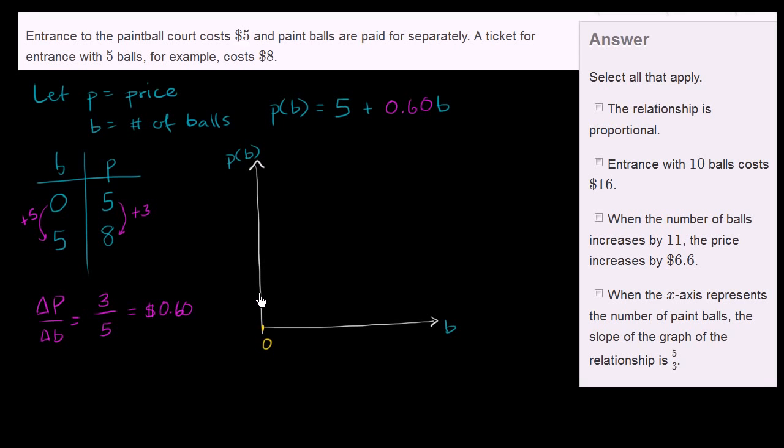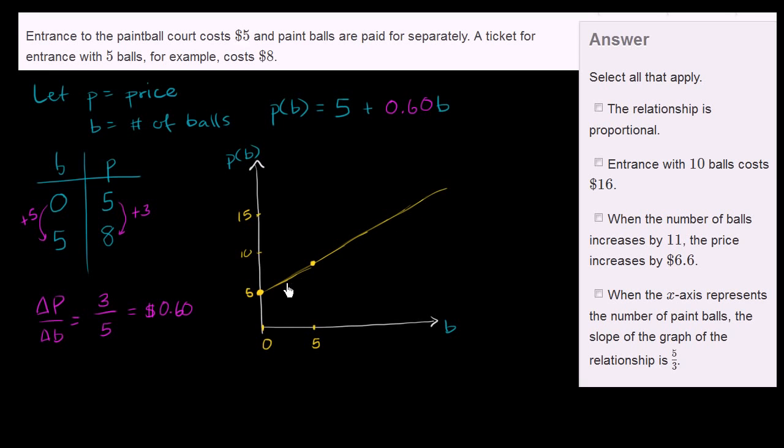Let's say this is 5, this is 10, this is 15. So when we have 0 balls, we're going to pay 5. And then when we have 5 balls, so let's say that this is 5 right over here, we paid $8, which gets us right around here. And 2 points define a line. So this function is a linear function, and it would look something like this.